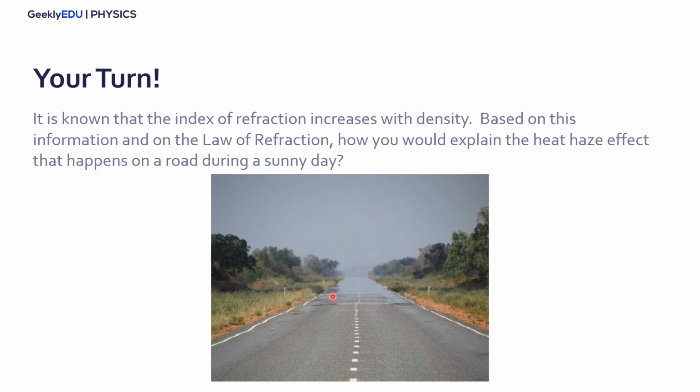Probably you've seen a road like this on a sunny day and you see that the light is a little bit different, right? This is called the heat haze effect. How would you explain this effect based on this information? Remember that temperature and pressure can also change the index of refraction. So think about it and write your answers in the comment section.